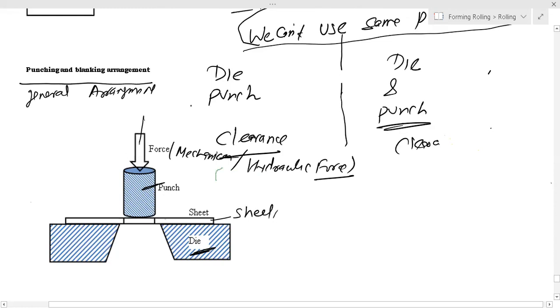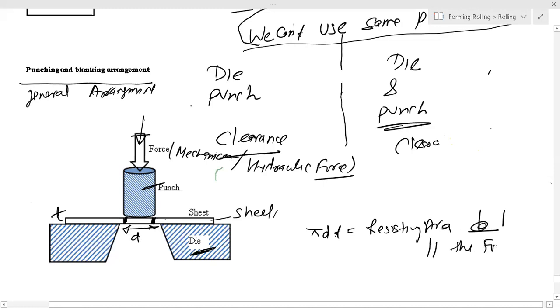So you apply force here, and the applied force is parallel to this area. Suppose this is D, then pi D T, T is the thickness of sheet, is your resisting area, and that is parallel to the force.